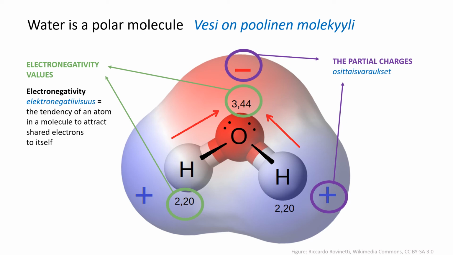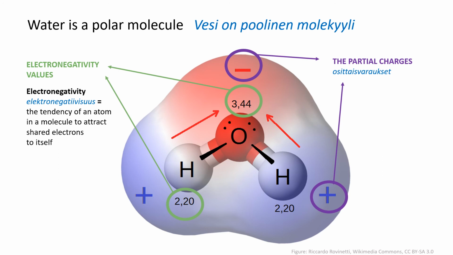A dipole exists when the distribution of electrons within the molecule lacks certain symmetry. The asymmetric distribution of electrons in chemical bonds creates partial charges.